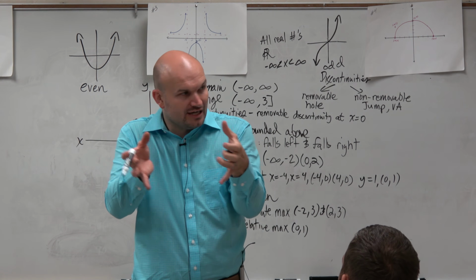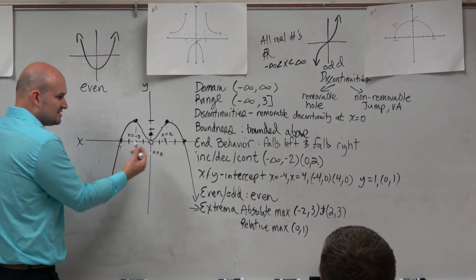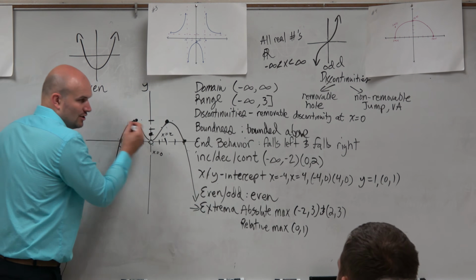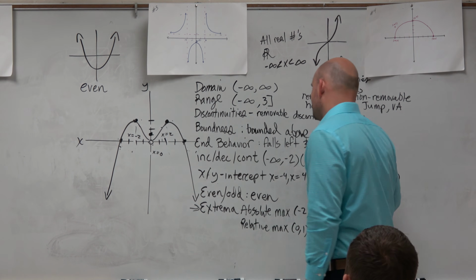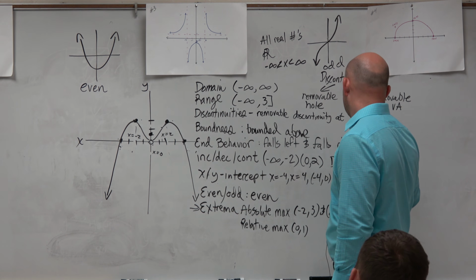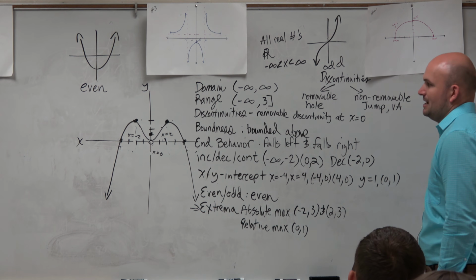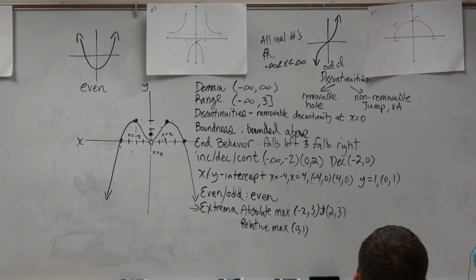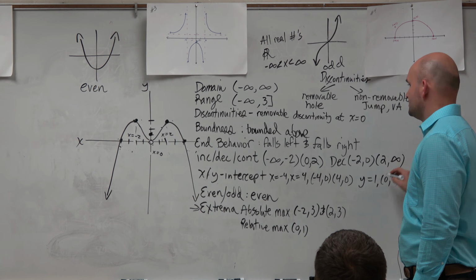So when you're writing your increasing and decreasing intervals, you're describing this with x intervals. When is it going up, down, or constant? And then it is decreasing on the interval -2 to 0, and on the interval 2 to infinity.